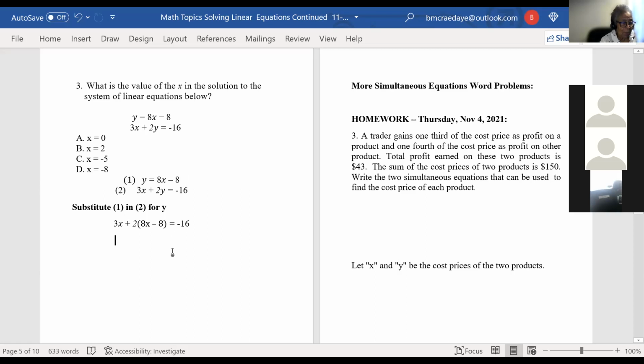Follow? Yes. So 2y becomes 2 times 8x minus 8, because that's what equation 1 says.